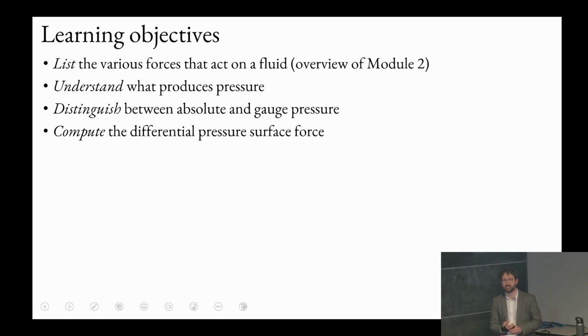So for example, when someone says the barometric pressure today is 101.325 kilopascals, we'll learn if that's absolute or gauge pressure. We're also going to do a little bit of analysis on a fluid element today and talk about the differential pressure force on a very small element of our fluid. So that's going to be our first F in F equals ma.